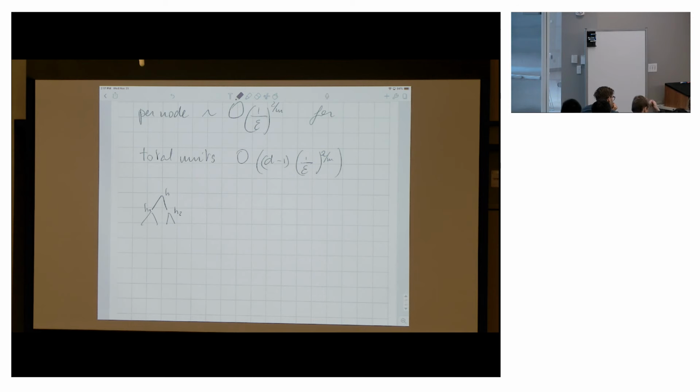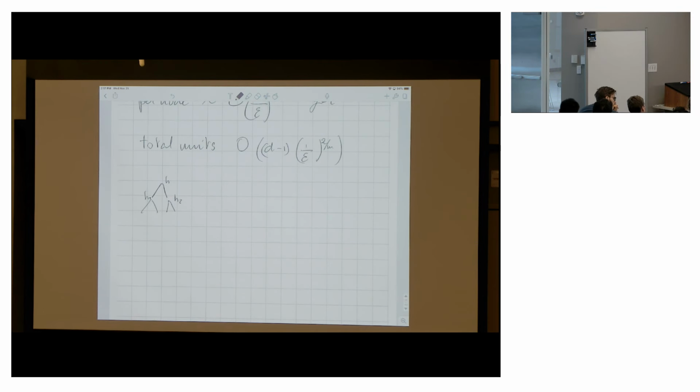So I have 3 functions, each one of 2 variables. I know that each can be approximated with, say, let's forget m, so it will be epsilon to the -2 units.